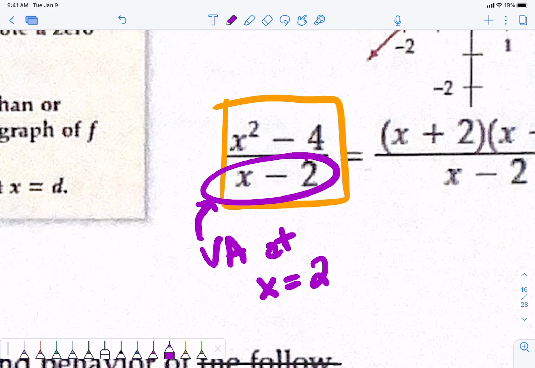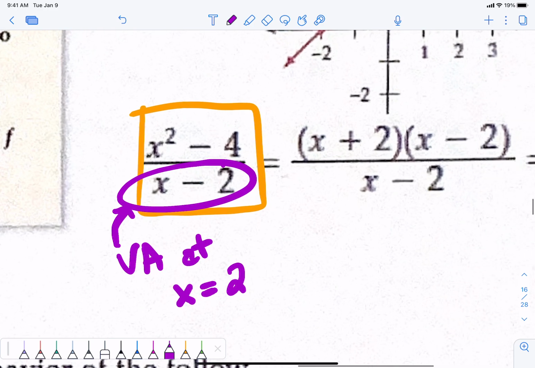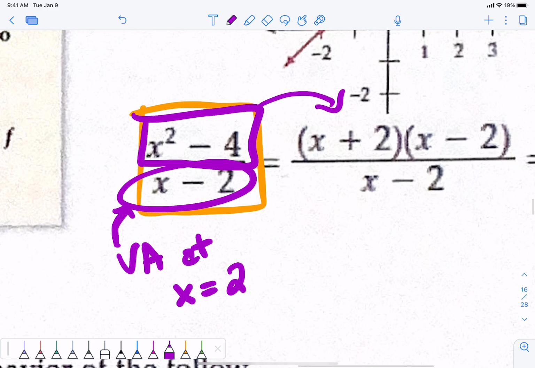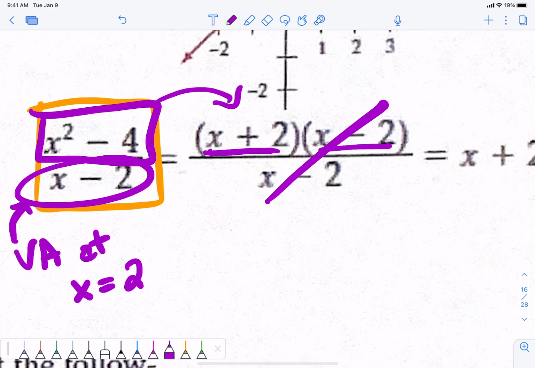Except you have a hole there. He is technically a hole in disguise. If we look at the top, x squared minus 4, that is a difference of squares, and we factor it down and we call it x plus 2, x minus 2. Do you see how we broke it down? Now, the x minus 2's cancel out, which means that instead of having a VA, it is not a VA.